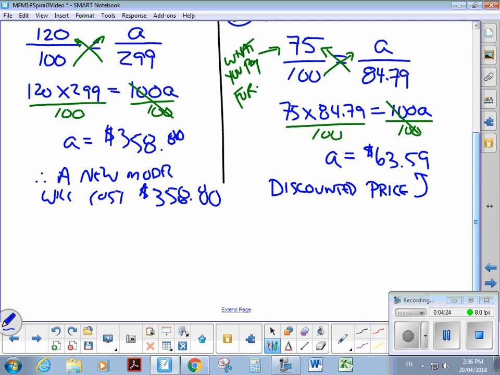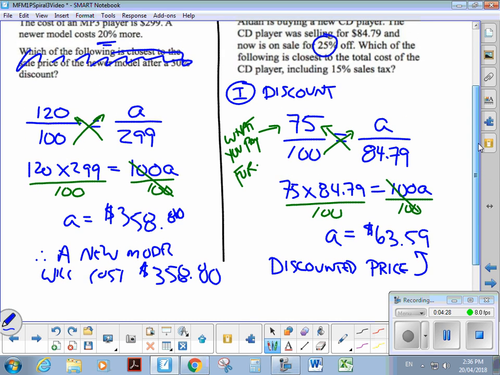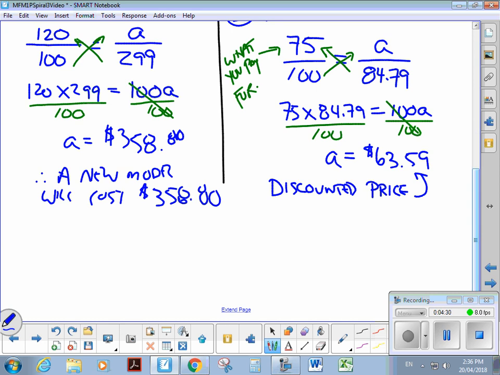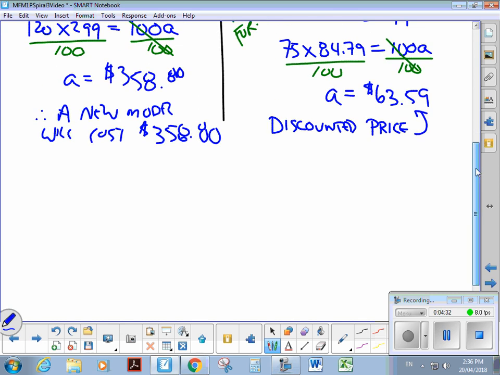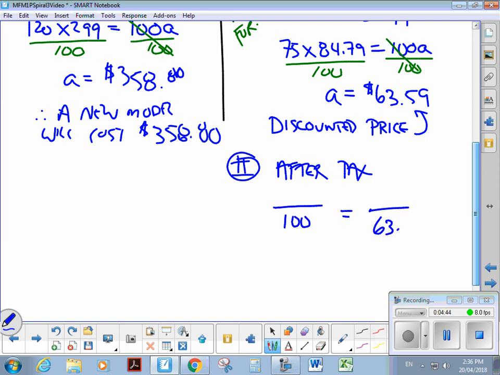All right, now we want to know what is the final price after taxes, and we're paying 15% taxes. So next, stage 2, it's after tax. So after tax, 100% of the price is $63.59. Taxes are 15%. So that means we're going to pay 115% of the price.